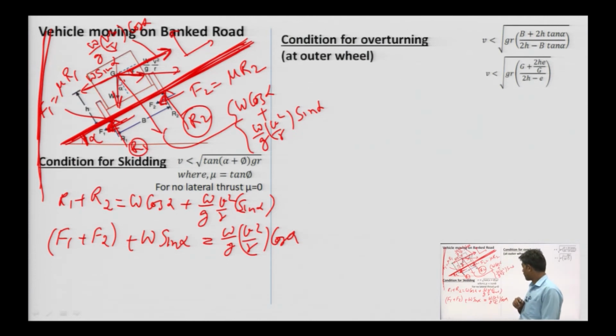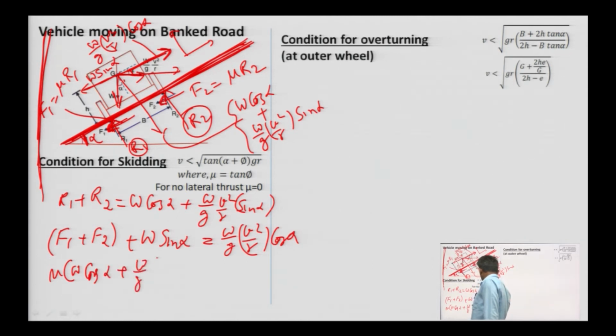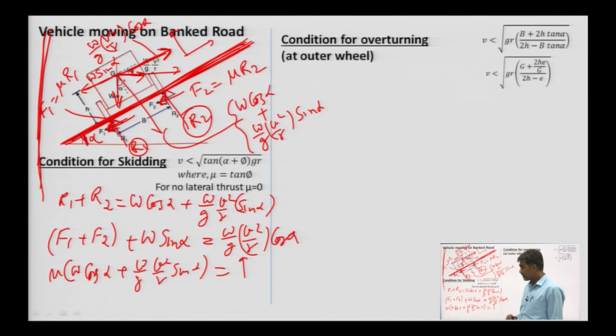So, F1 plus F2 is mu into R1 plus R2. So, it is mu times W cos alpha plus W upon g, V square by R, sin alpha, is equal to the same thing here.